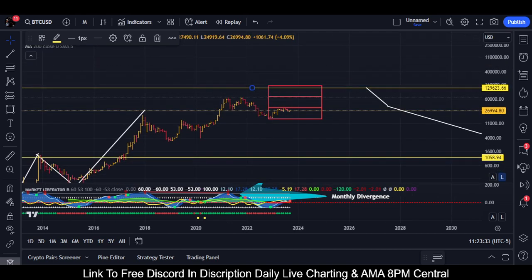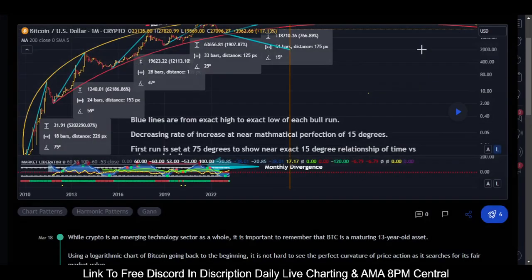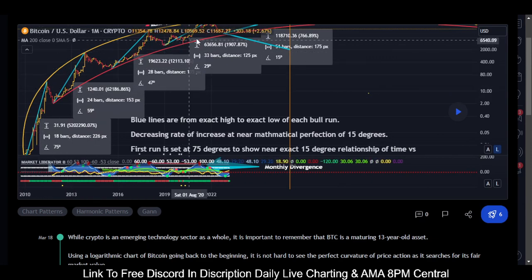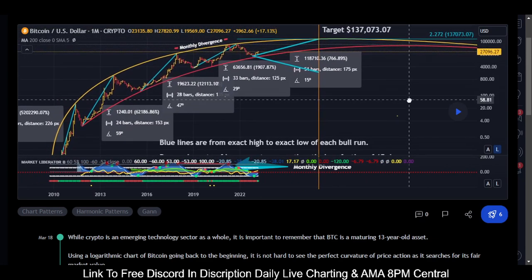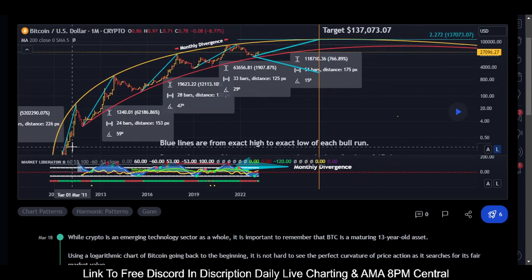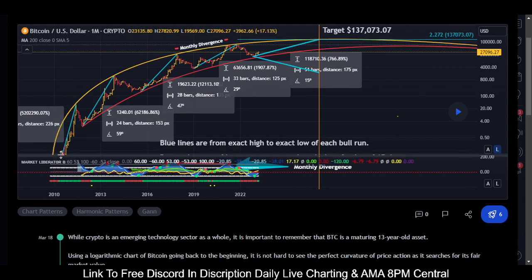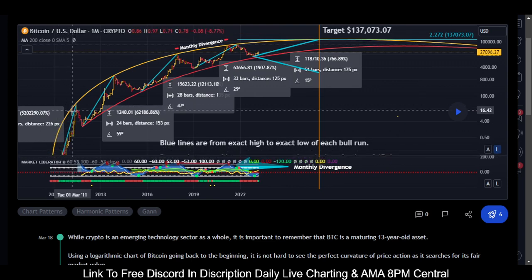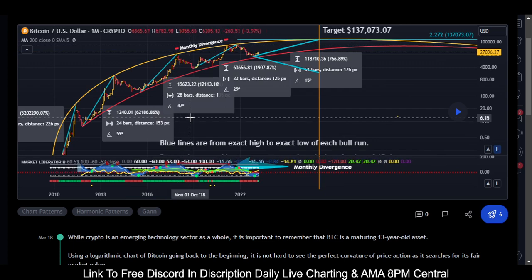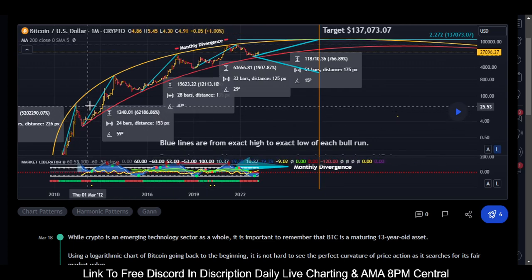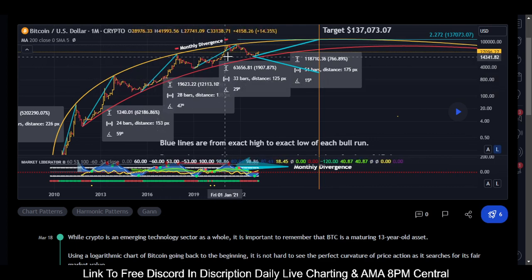So what was the point of this chart? We'll flip back. It has the growth curve coupled with going from swing low to swing high in every bull run since Bitcoin began, and it is losing 15 degrees of time versus price on these major swings in the market.